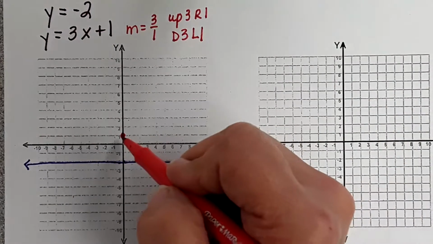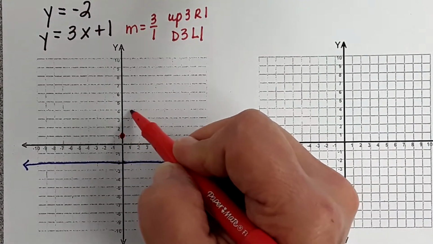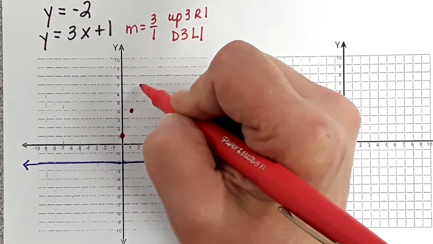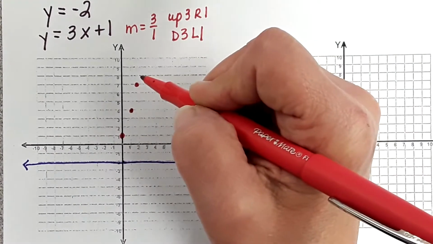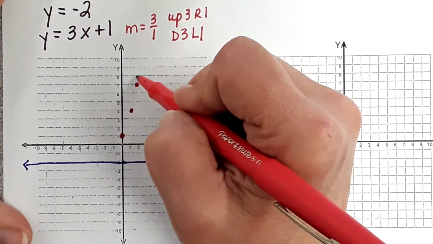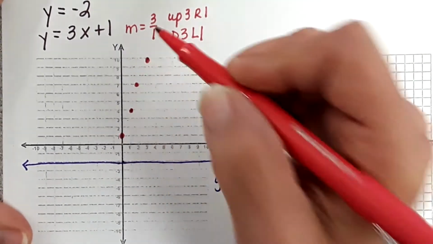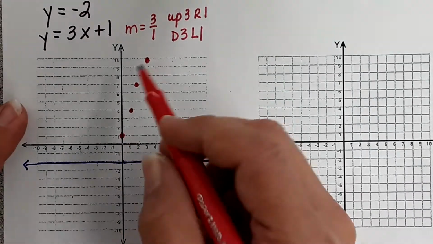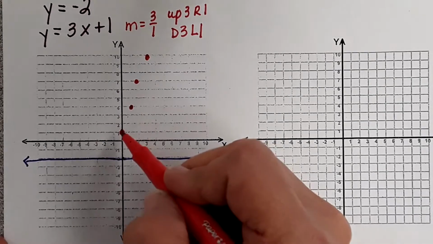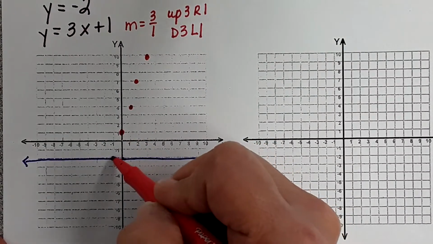So from this point, we're going to go up 3: 1, 2, 3 over 1. And then let's go down. It's going to be a little off because you can't really see the graph paper. Down 1, 2, 3 over 1.